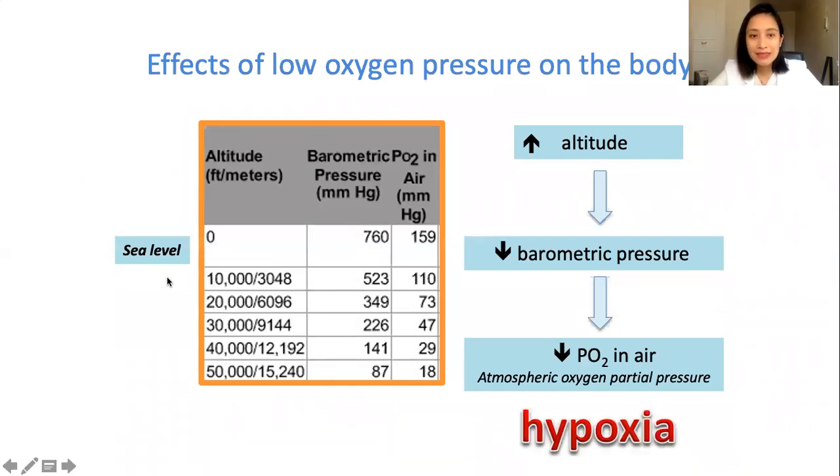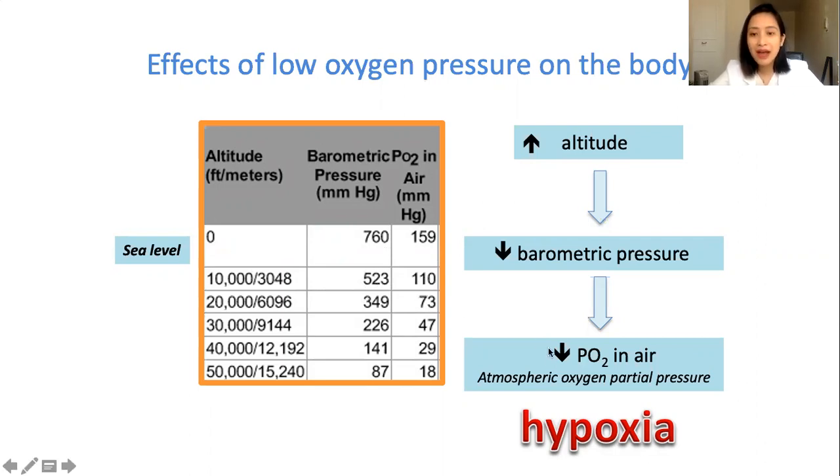At sea level, or at zero altitude, our barometric pressure is pegged at 760 millimeters mercury, and the corresponding partial pressure of oxygen in the air is 159. As you go higher in altitude, the barometric pressure decreases, and there is a corresponding decrease in the partial pressure of oxygen in the air.